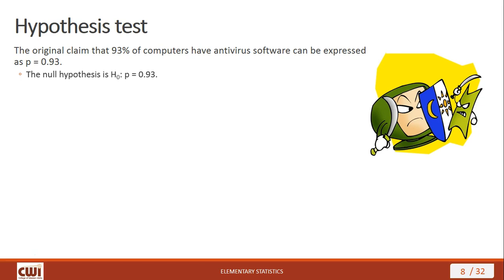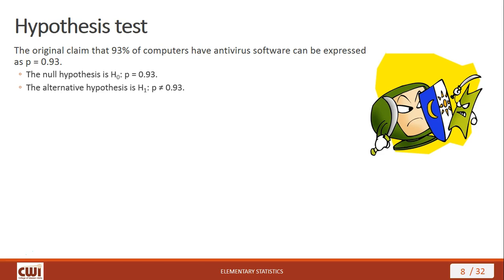Therefore, p equals 0.93 is our null hypothesis. Since this was also the claim that we're making, the alternative hypothesis has to take the not equal sign, which is the complement to the equal sign which belongs with the null hypothesis. So our alternative hypothesis will be p is not equal to 0.93.